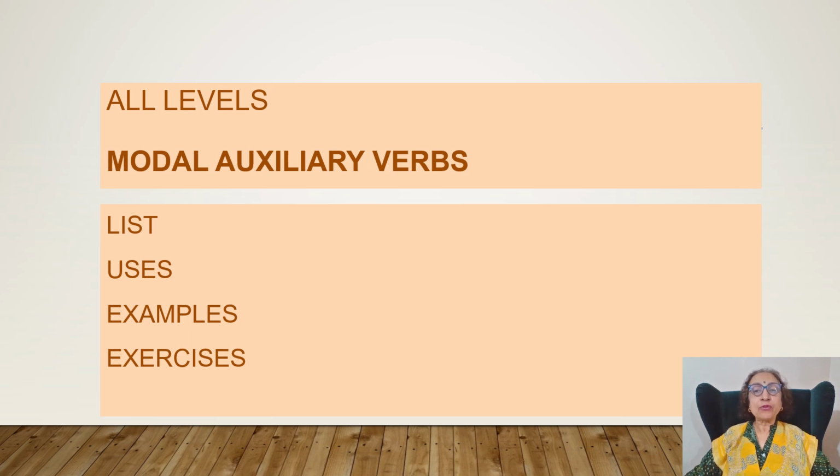Just looking at the videos mechanically is not going to improve your English. So let us talk about modal auxiliary verbs now and see how in each video, right from video 1 till today, the modal auxiliaries have been used. Relook at all the videos again and try to find all the verbs which are modal auxiliary or which are primary auxiliary.